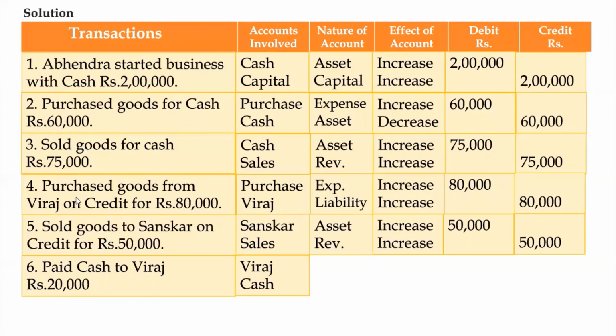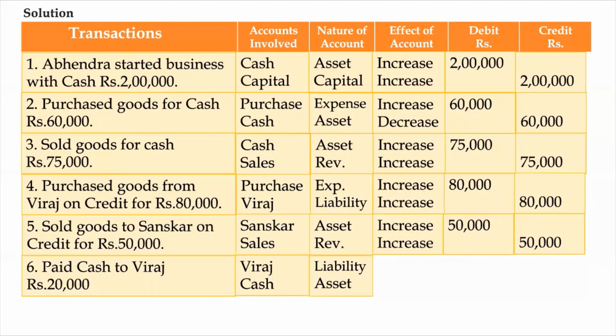Okay. According to the fourth transaction, Viraj is our liability. So when we pay off our liability, that means liability is decreased. Okay, so of which nature is Viraj account? Liability, and cash is asset.